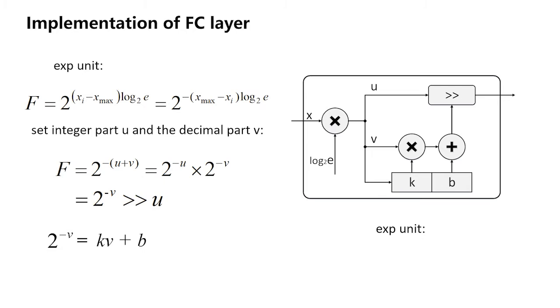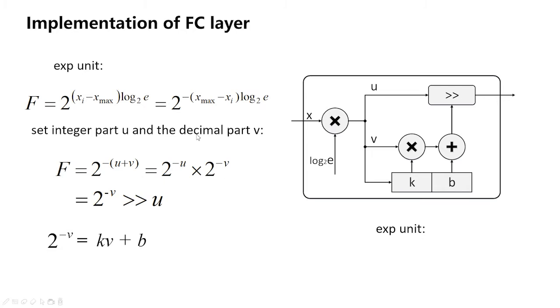The power of 2 can be easily implemented in hardware. We just need to shift 2 by U bits. And also, 2 to the power of minus V can be expressed by a linear function kV plus B.